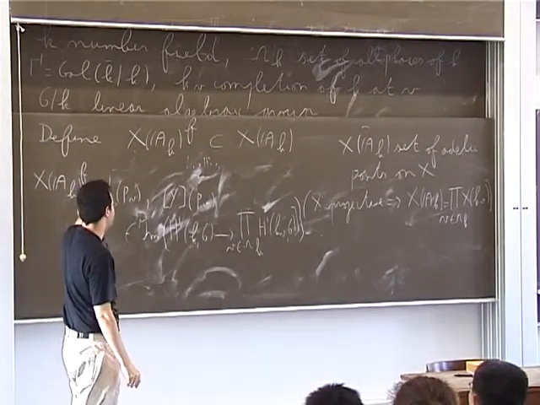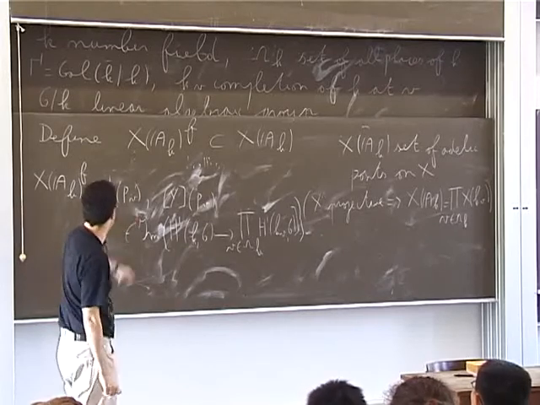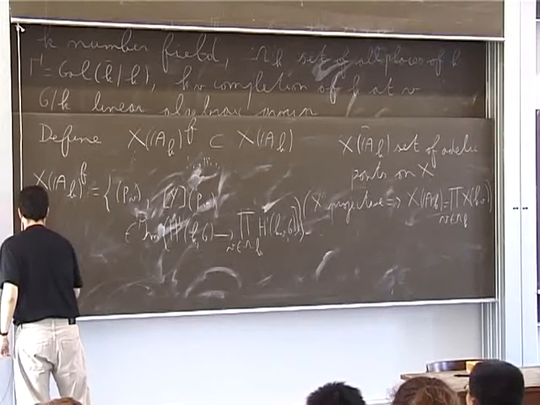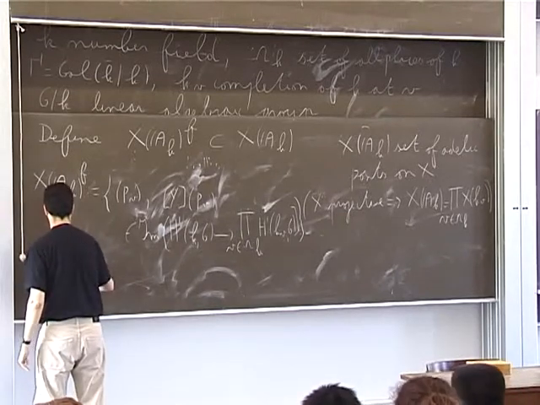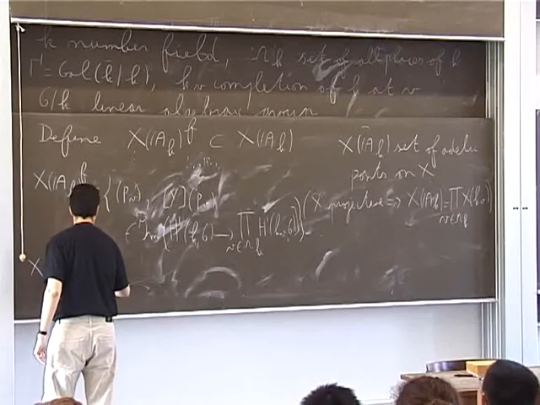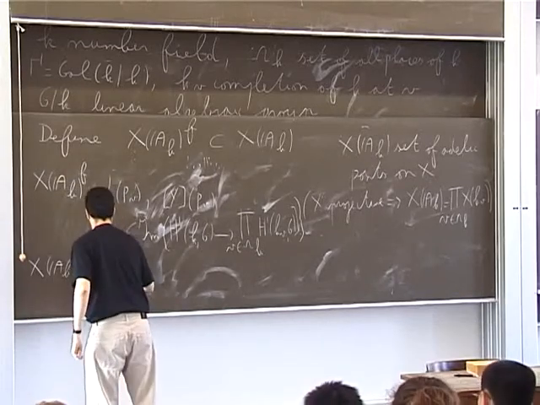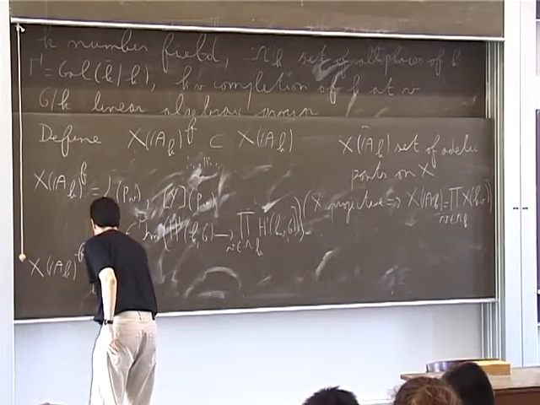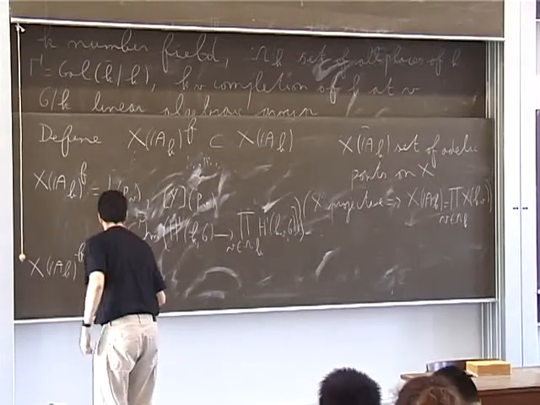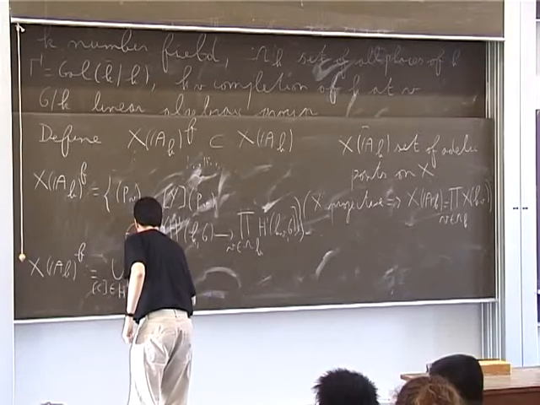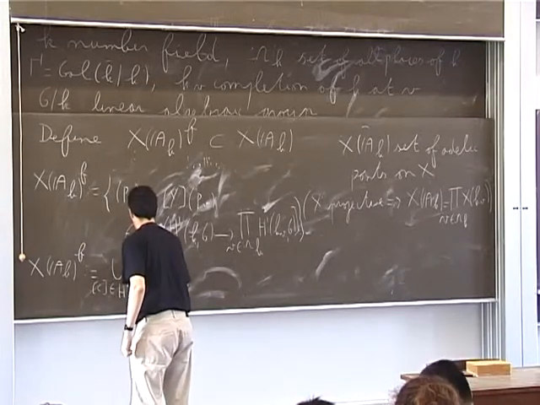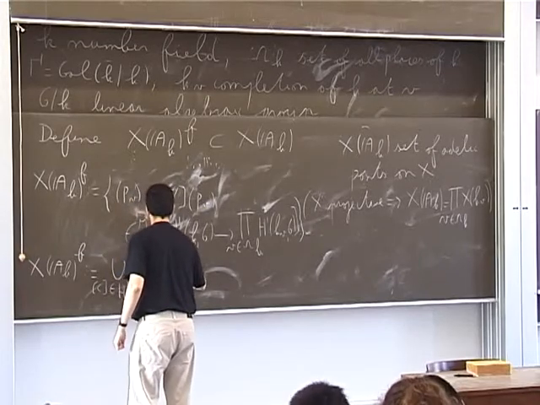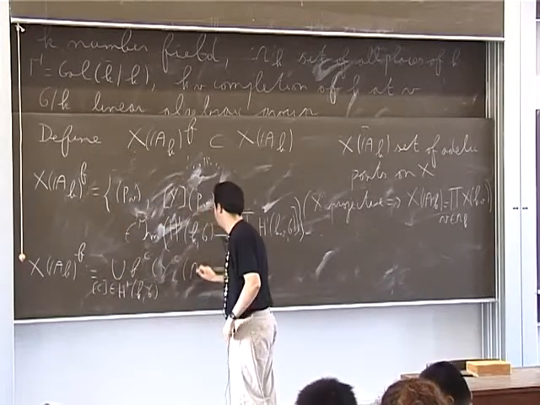Okay, and recall that there is another description of this set using the twisted torsors. X of A_K to the power F consists of the union, running over all cohomology classes C in the Galois cohomology set H1 of K, G, of the image of the set of adelic points on each twisted torsor.